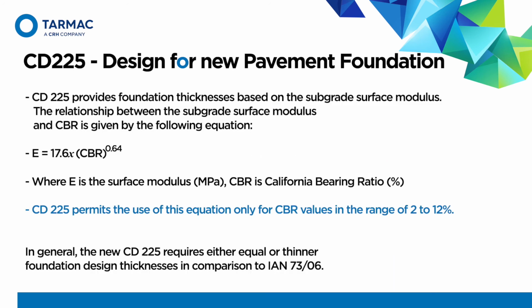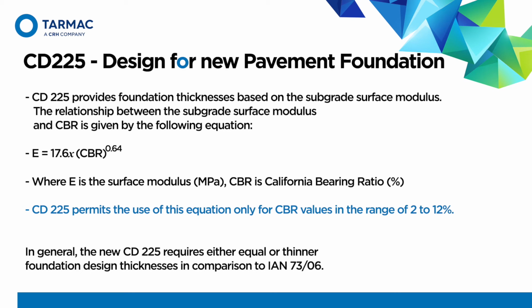So in terms of determination of the thickness, previously in HD24 and in IN 7306, the determination of the thickness is based on either the CBR or the surface modulus in MPa of the subgrade. Now, the CD225 focuses mainly on the MPa, the surface modulus of the subgrade.